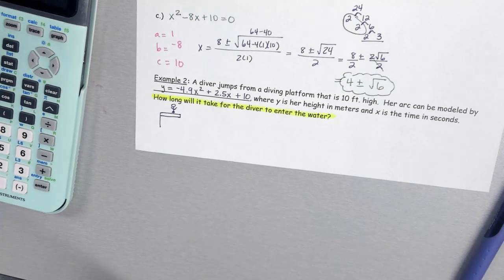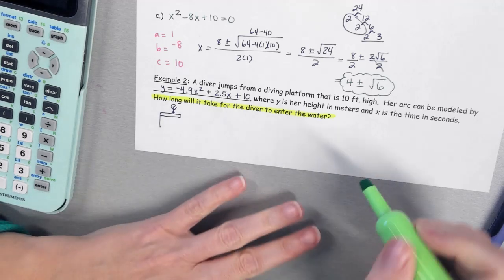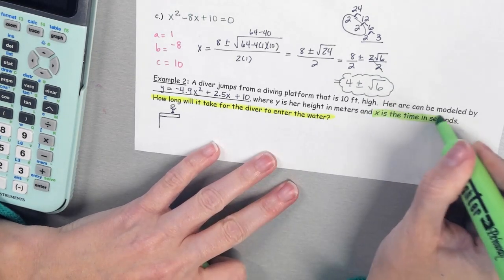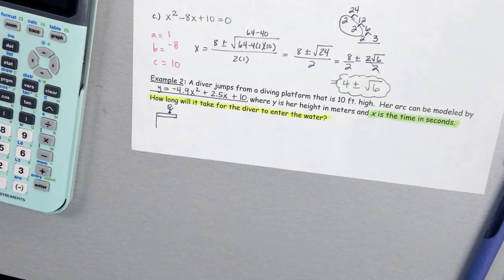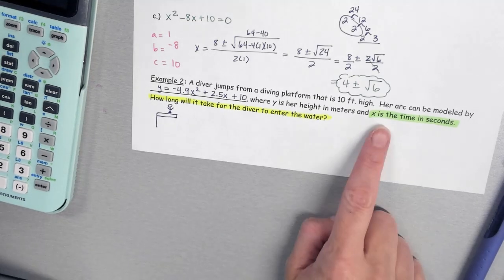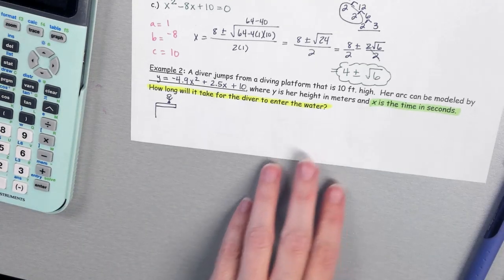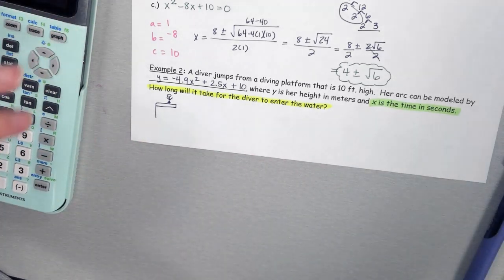Okay, so how long will it take for the diver to enter the water? So they're asking you how long, and it tells you that x is the time in seconds. So we have to find the value of x. Okay, if they ask you what her greatest height would be, you could find your vertex. That's what we did earlier in this chapter. Okay, but this is asking you for how long it will take her to enter the water. So let's draw that as well.